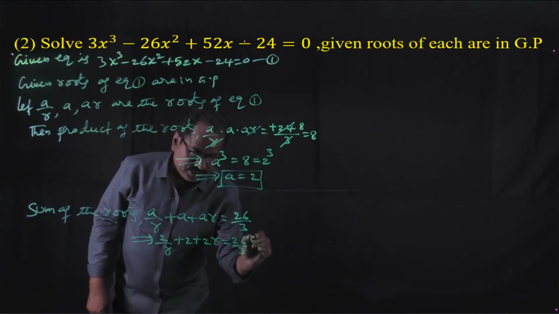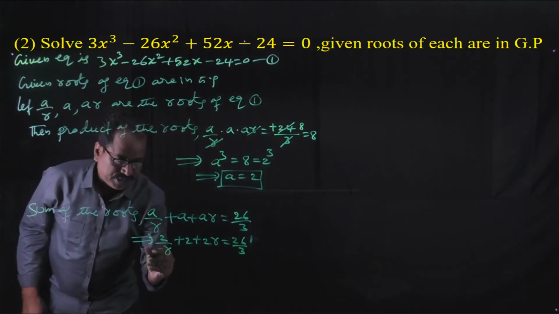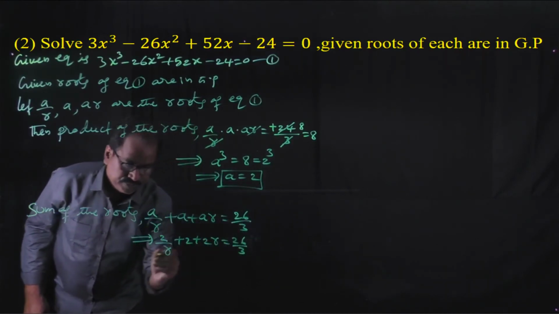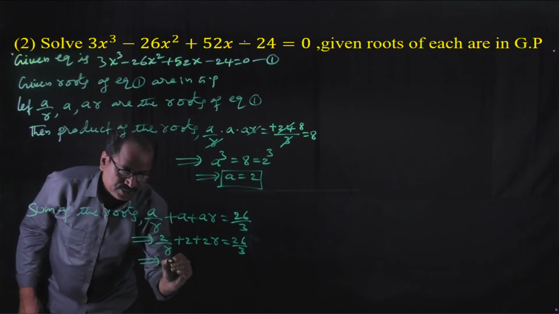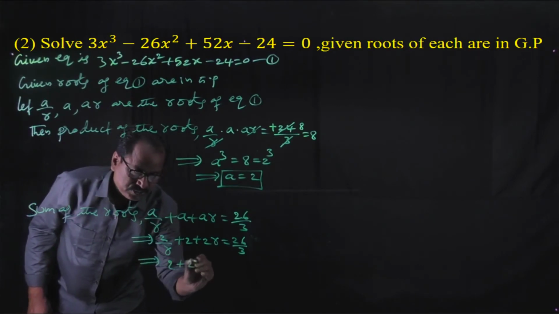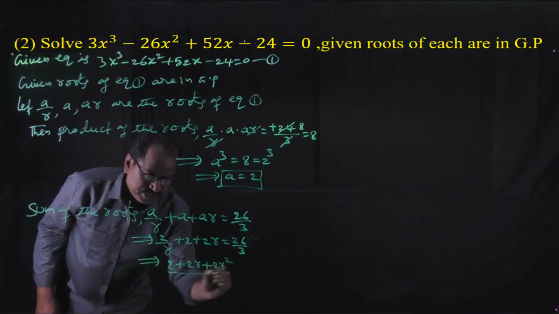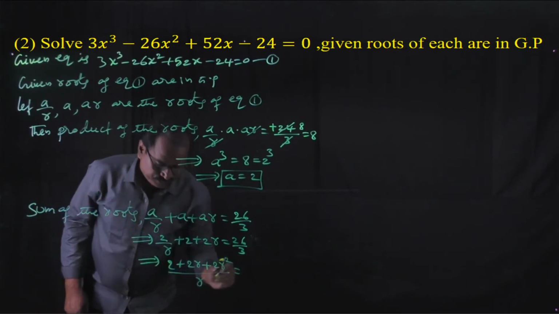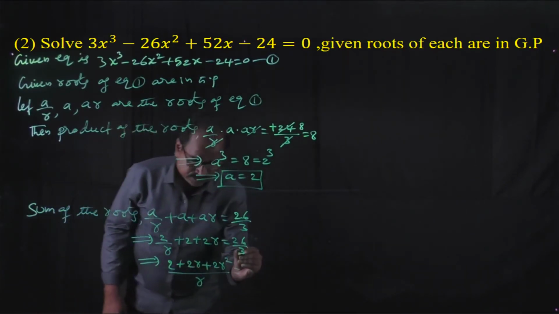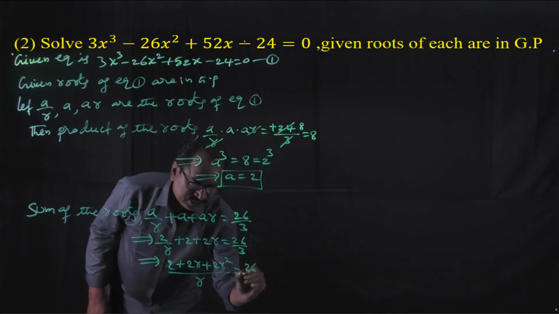So this implies, here LCM is r, 2 plus 2r plus 2r square by r is equal to 26 by 3.